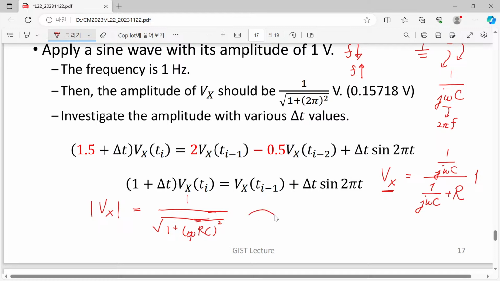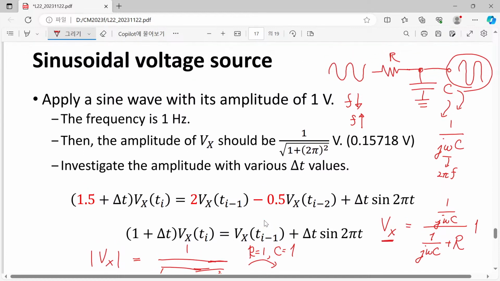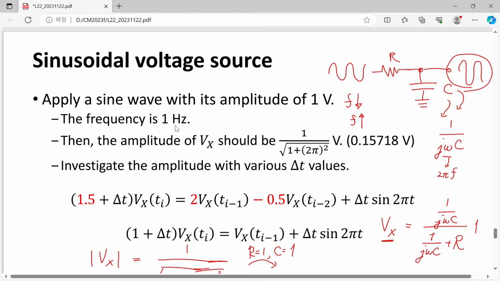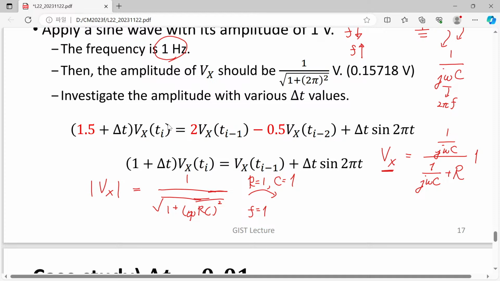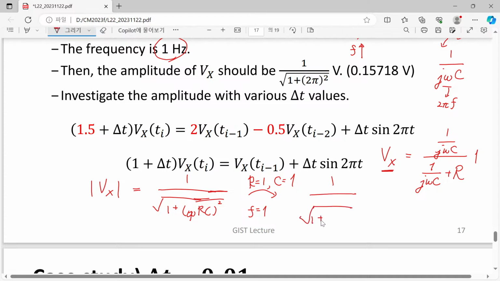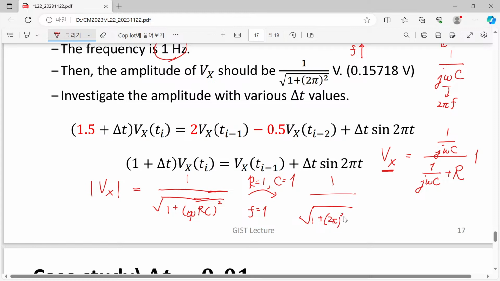So in this specific case, we have assumed r equal to 1, c equal to 1, and the remaining question is, what is the frequency? In this specific example, I just said the frequency is 1 Hz. So omega becomes just 2 pi, and the value is now 1 over the square root of 1 plus (2 pi) squared.